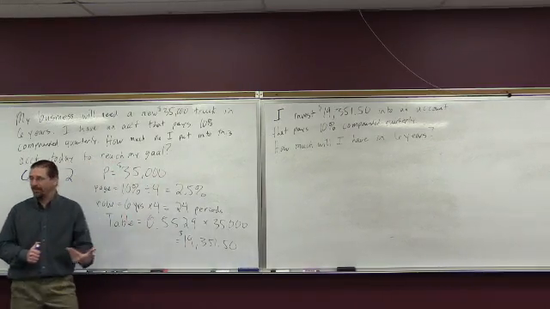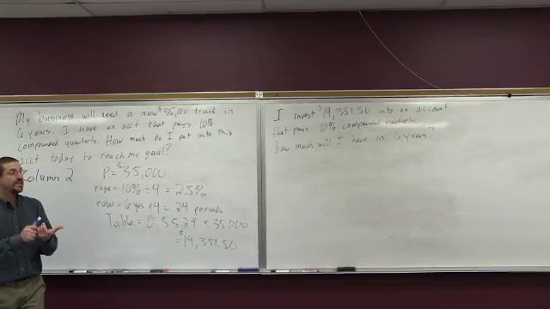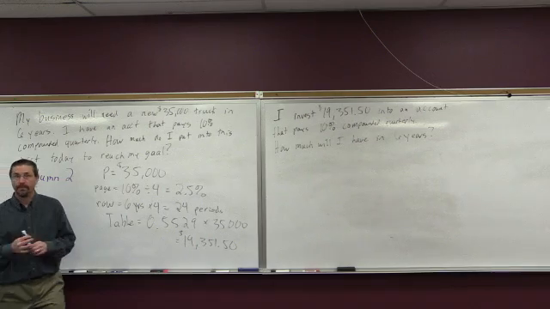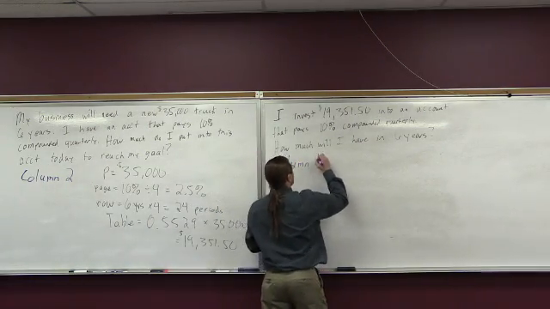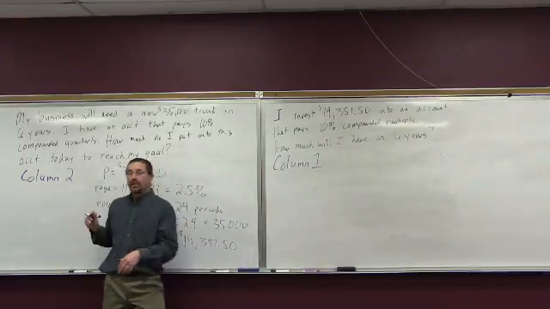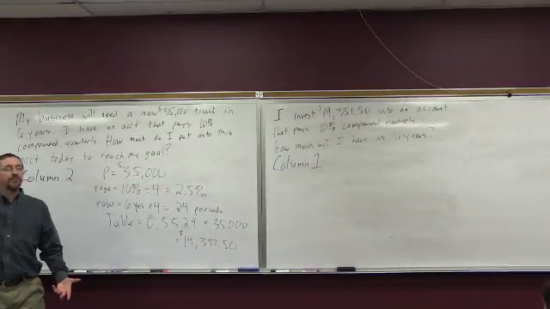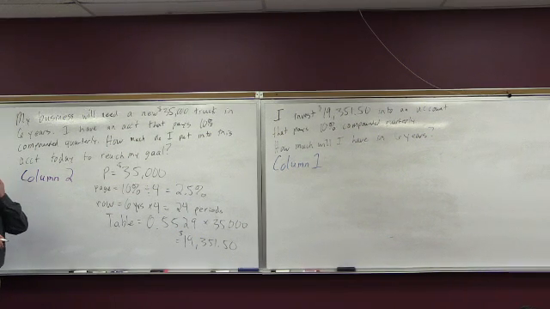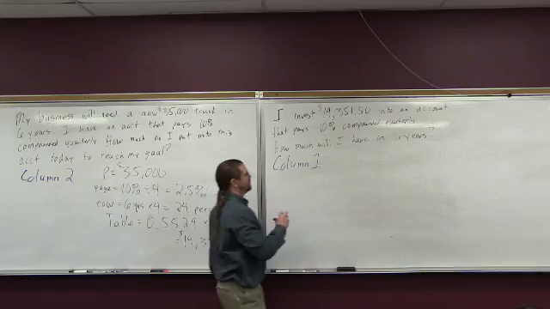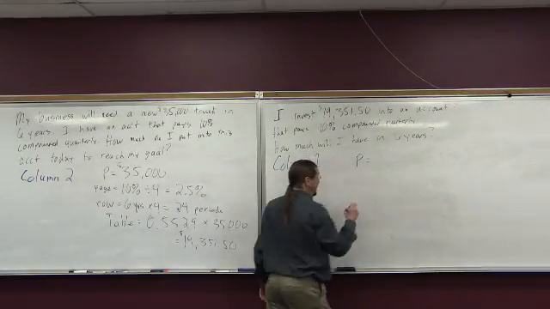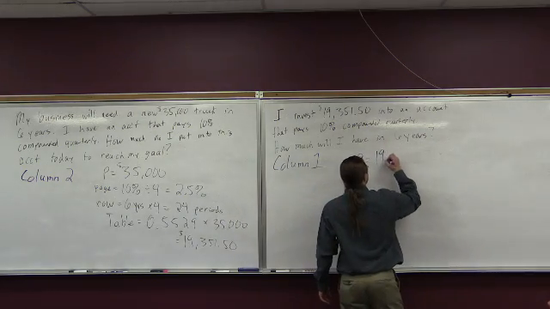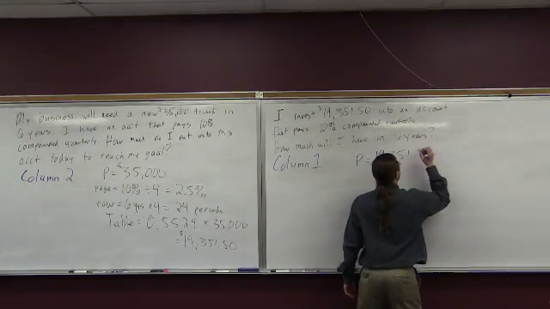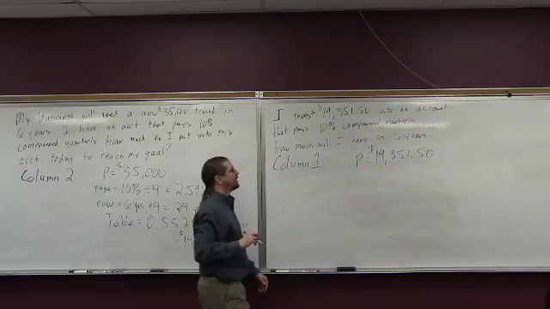So your first step in all of our problems is, which column is this, 1 or 2? This is column 1, because I'm trying to start in the present and get to the future, right? So, what's my P in this problem? $19,351.50, the amount of money I put into my account.